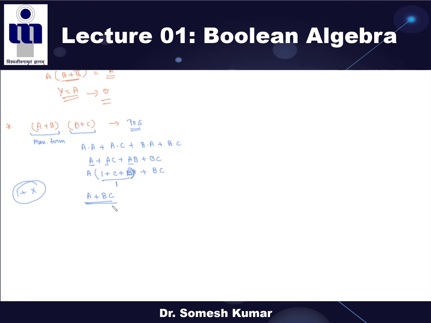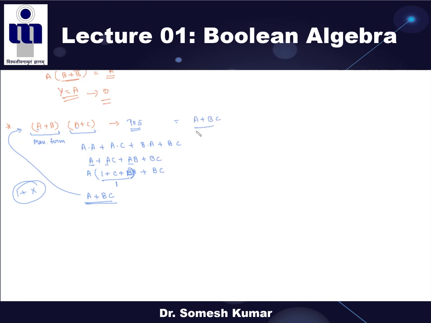No, right? If we expand it, then again it comes to this, right? So in this particular example, basically this is the POS form and this is the SOP form of this expression. Clear?